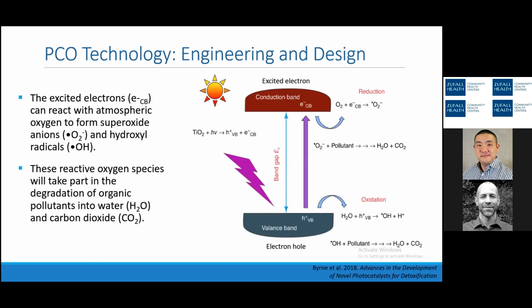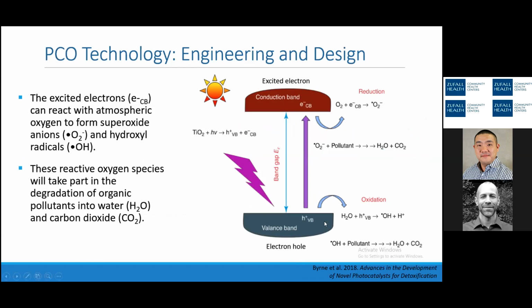I want to talk a little bit about how the process actually works, how the light interacts with the catalyst to produce these air cleansing molecules. When UV light strikes the catalyst, titanium dioxide, a reaction occurs where on the valence band an electron hole is produced. On the conduction band you have an excited electron.